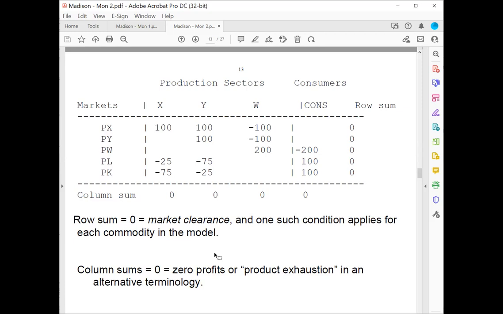So I've just made up these numbers here. I've made up a very symmetric example, which makes it simple. So the X sector is going to produce 100 units of value. By the way, these are prices times quantities. This matrix balances in values. So the output of the X sector is 100 units in value with inputs of 25 labor and 75 capital.